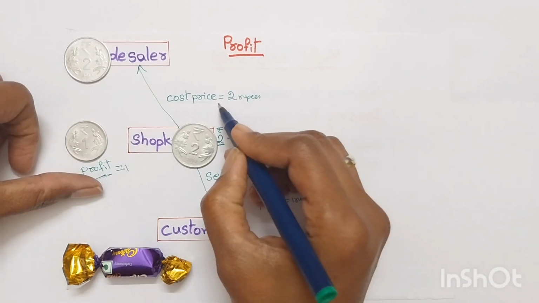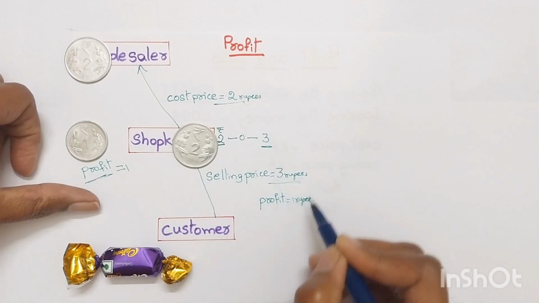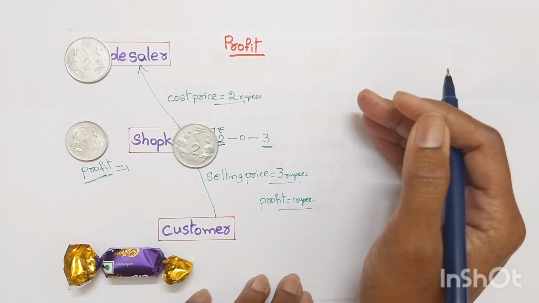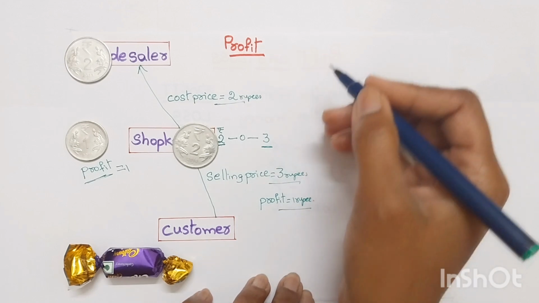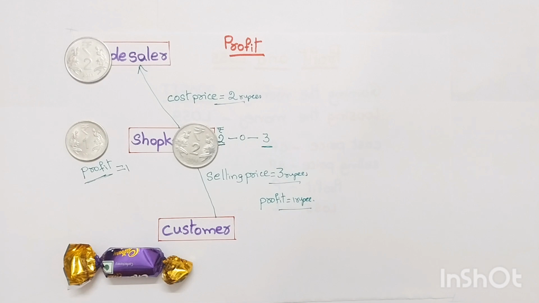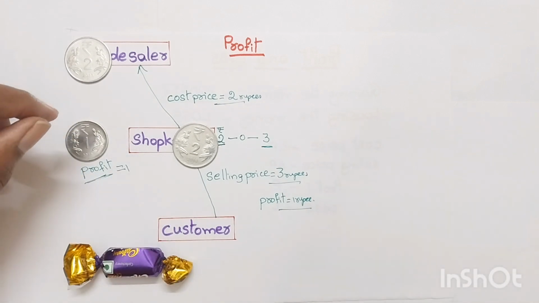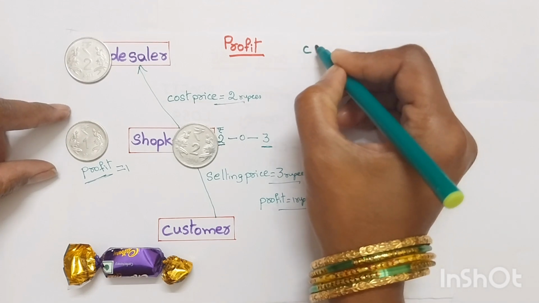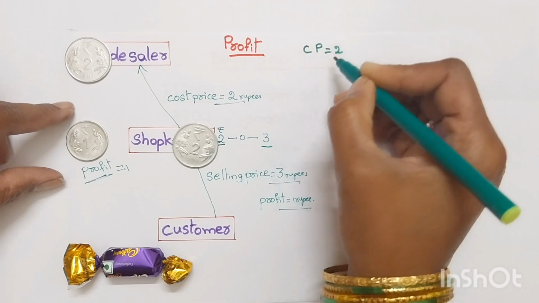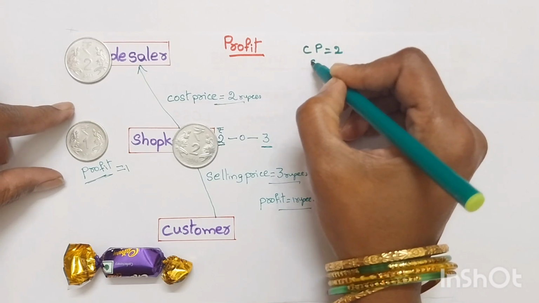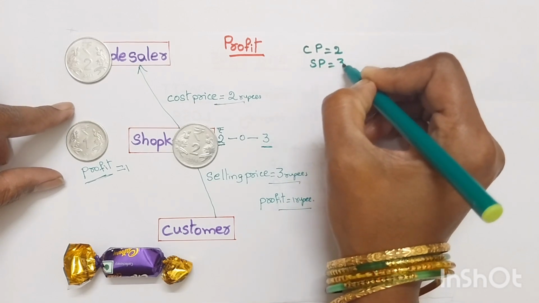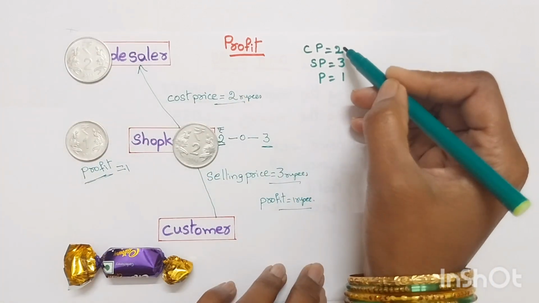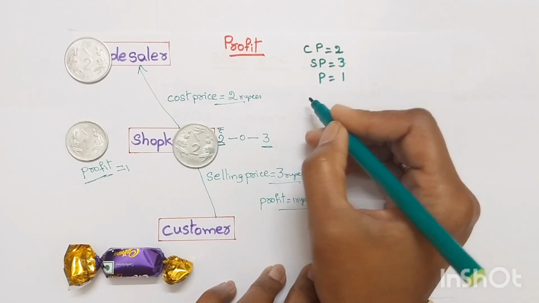Based on these values, cost price, selling price and profit, we get the formula for profit. First we write down the values: CP equals 2, SP equals 3, P equals 1. From these values we get the formula.